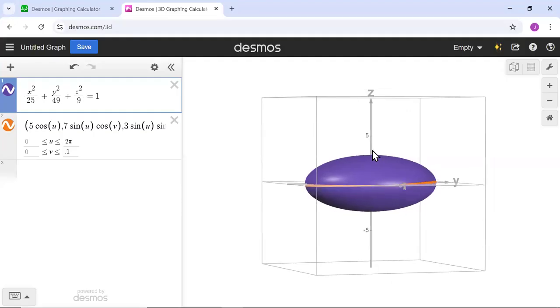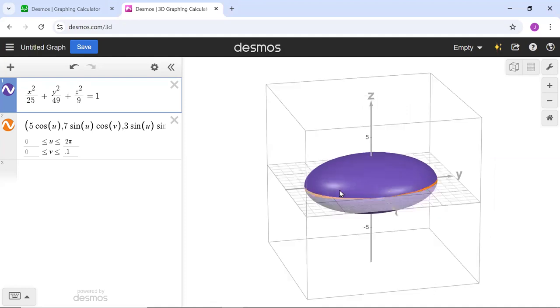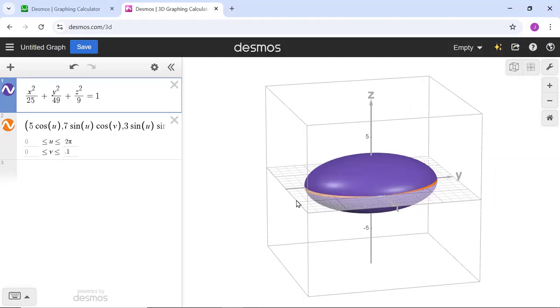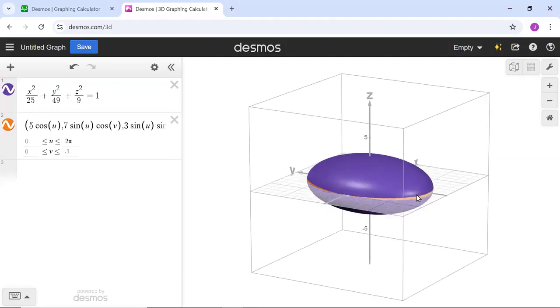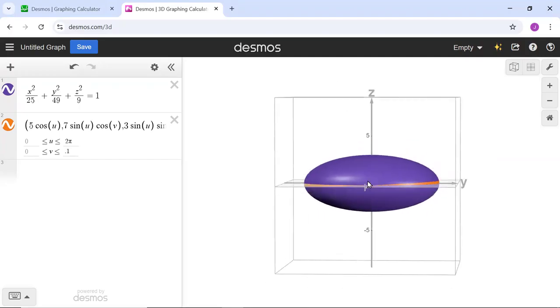So I'll try to visualize this the best I can. I've put my vector valued function in. If we let u go from 0 to 2 pi, that's kind of like going all the way around the ellipsoid here. And if I make my v go from 0 to 0.1, then we just get a low band of the ellipsoid, a small band on the ellipsoid.